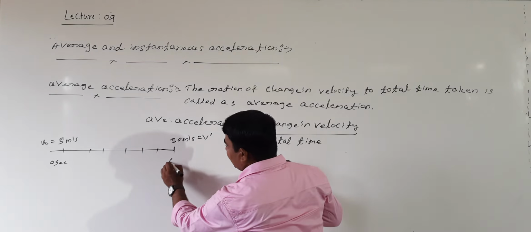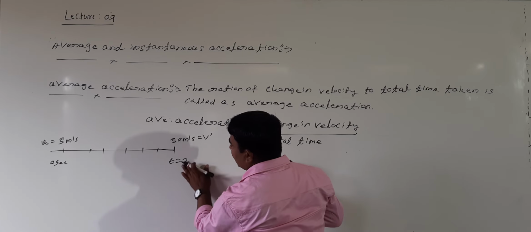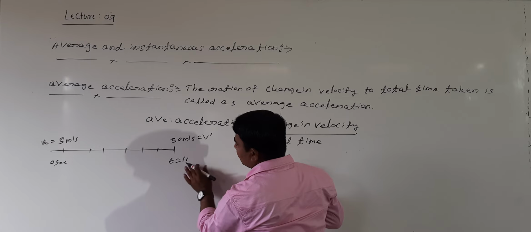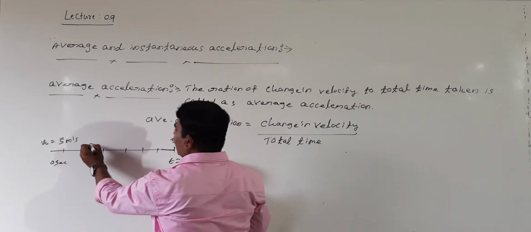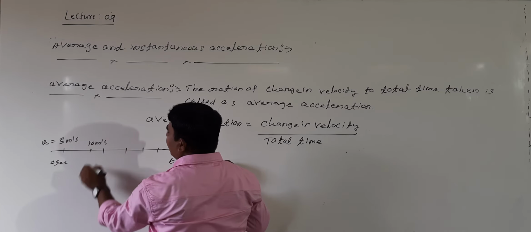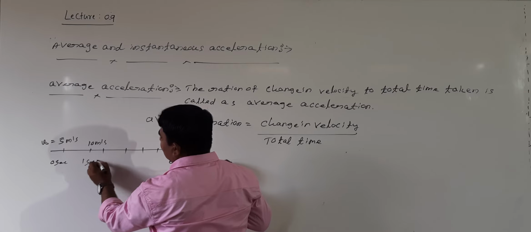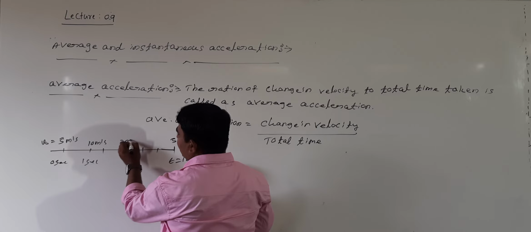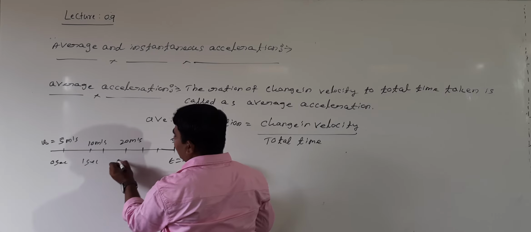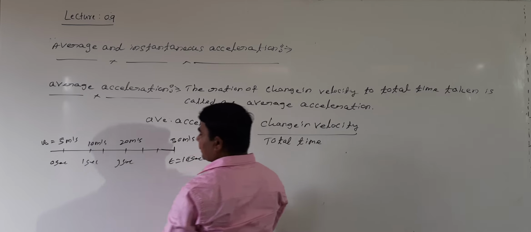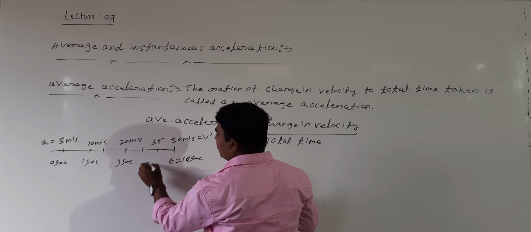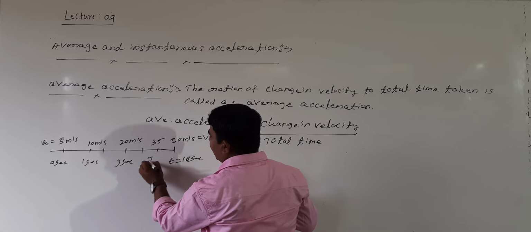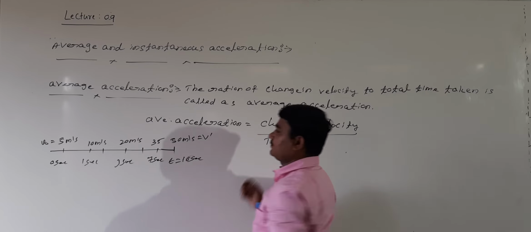Here what time is there? Time equals 10 seconds. Here the velocity may be 10 meters per second in 1 second. Here velocity may be 20 meters per second in the time interval of 3 seconds. Here 35 in the time interval of 7 seconds.